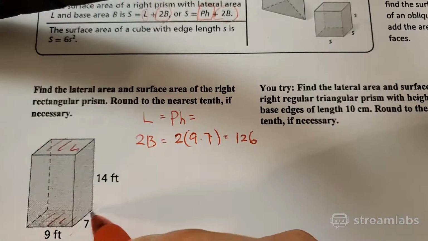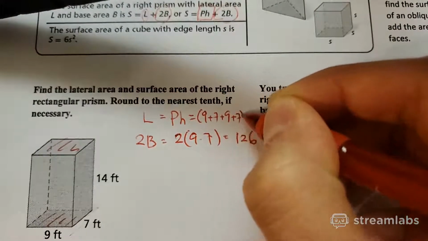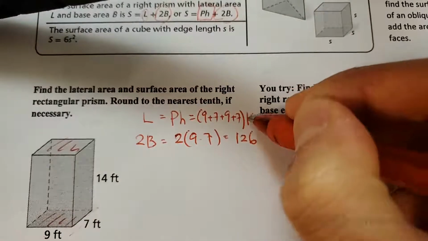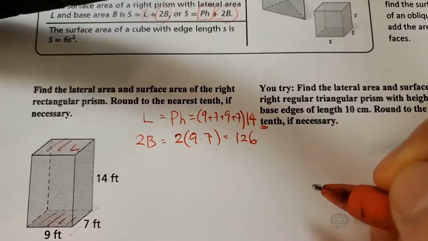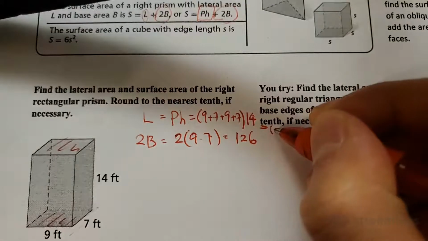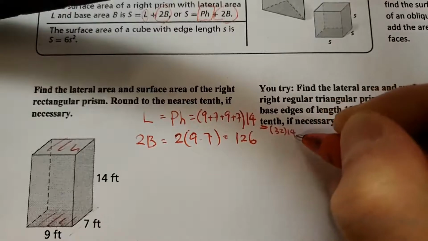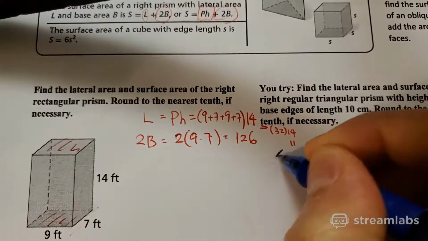Perimeter here is going to be 9 plus 7 plus 9 plus 7, and then the height is 14, which is equal to 32 times 14, which is 448.